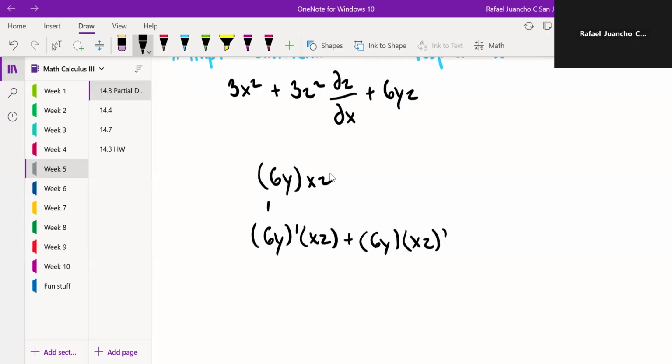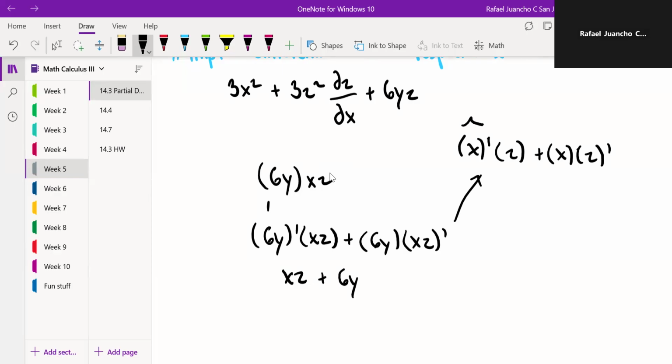This becomes 1. So here I have xz. Then I add 6y. What's the derivative of xz? So we do the thing again. It's really all about getting into these pieces. So this is 1. So I have z here. Then I have x here.